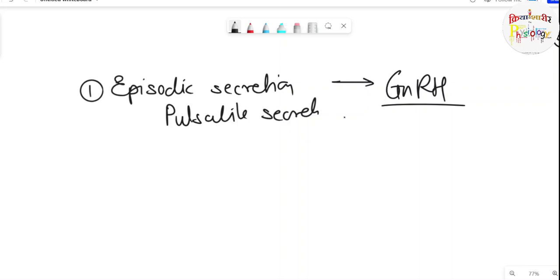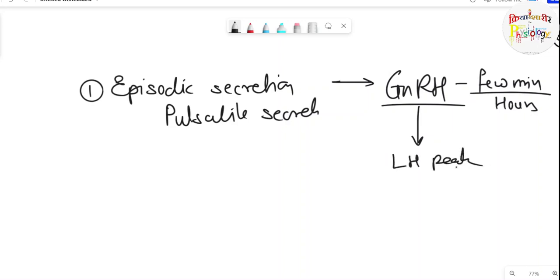It lasts from a few minutes to hours. And this gonadotropin releasing hormone is responsible for the LH peak in the menstrual cycle. But the secretion of GnRH is in episodic or pulsatile fashion.